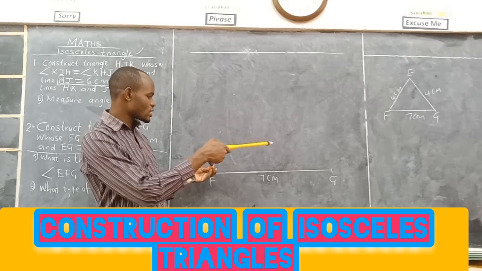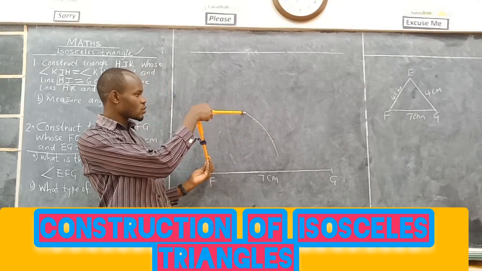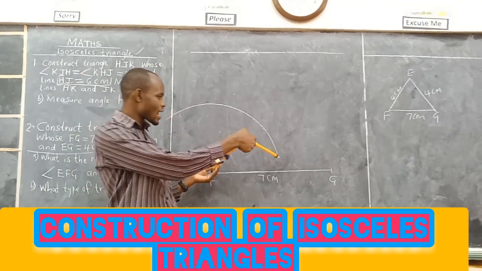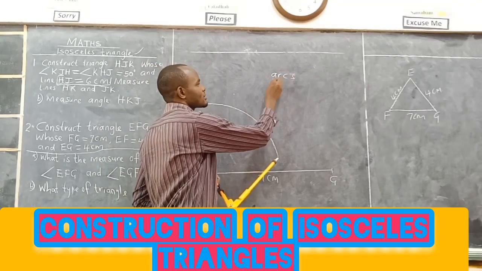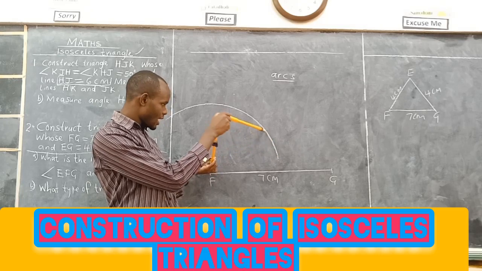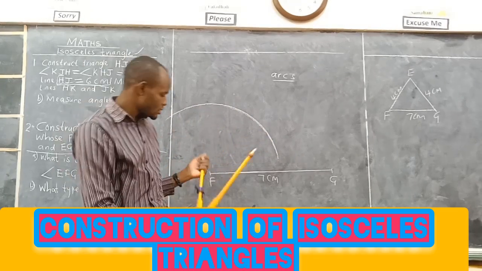Let us start with F to E. Just draw a long arc. These ones are called arcs, not marks. So you make an arc like that using 4 centimeters.